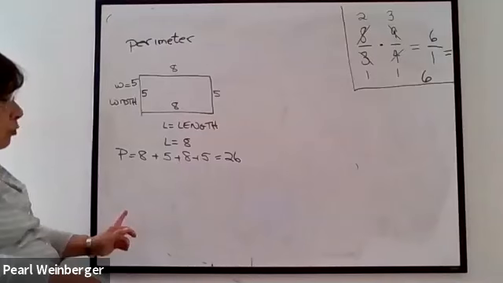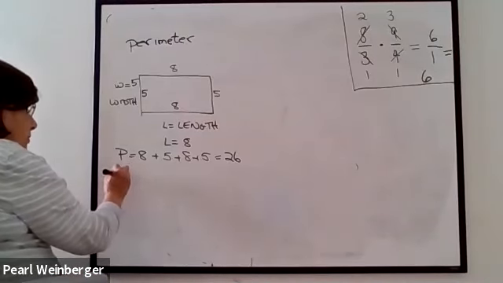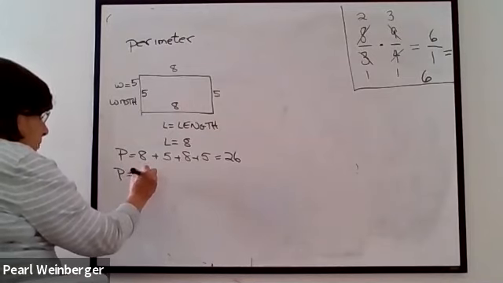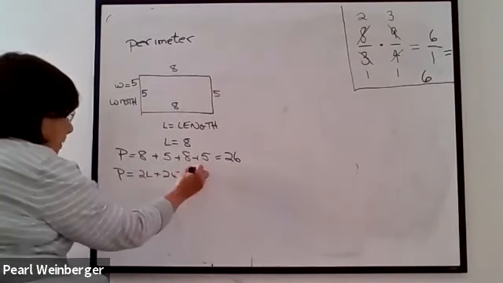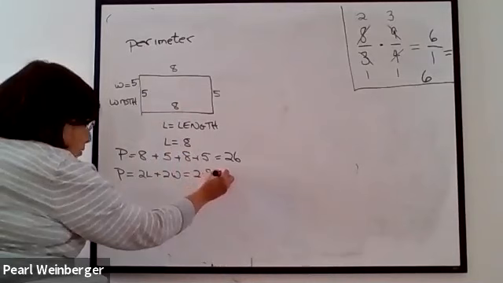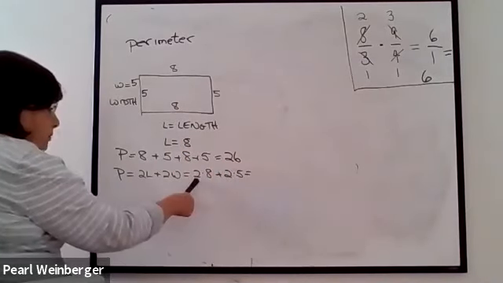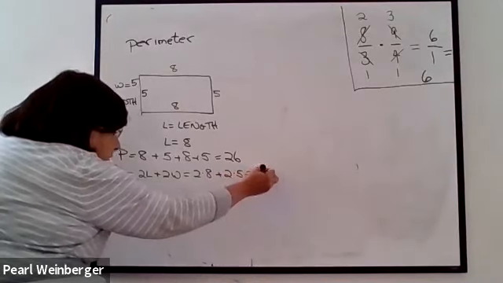We could have also done it with a formula that says the perimeter is 2 times L plus 2 times W. I could have multiplied the 8 by 2, and multiplied the 5 by 2, and this would give me 16 plus 10, and again, it would give me 26.